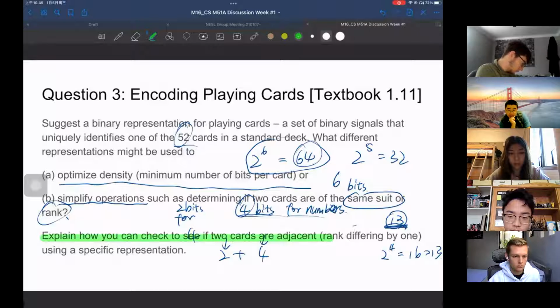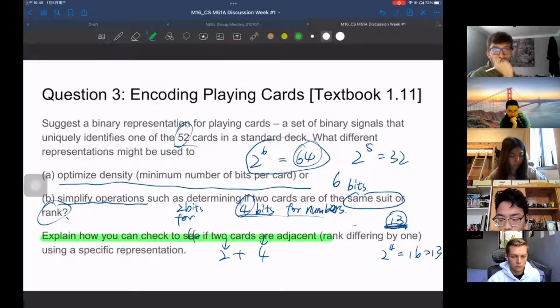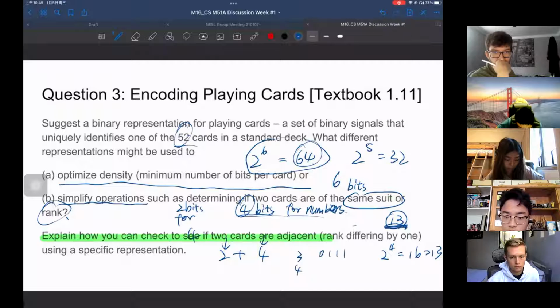If we're using the second representation, we could just look at the second 4 bits, the two numbers, and check if they're next to each other.